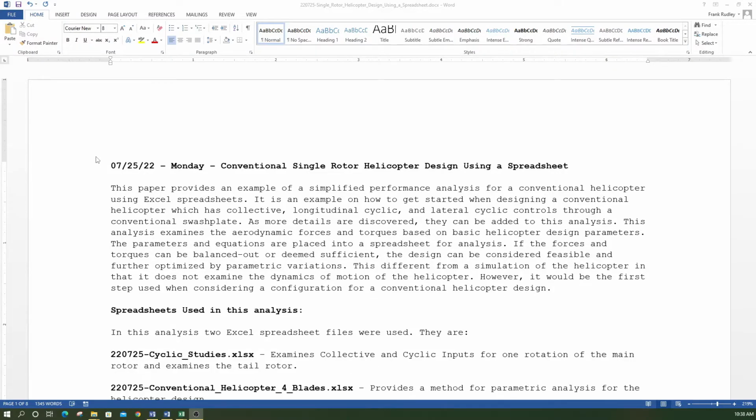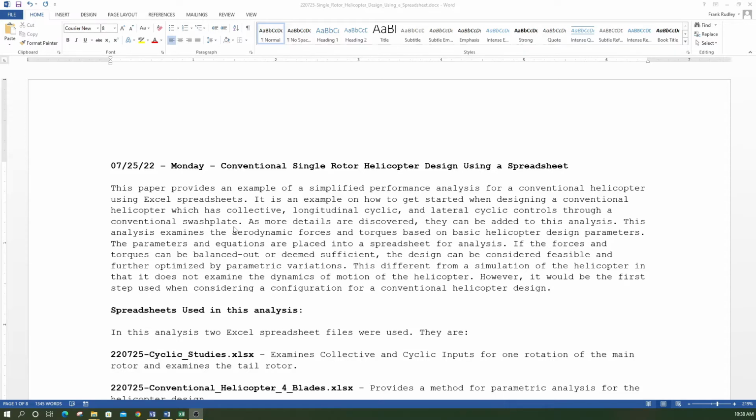Okay, so today we're going to talk about conventional single rotor helicopter design using a spreadsheet. So this paper provides an example of a simplified performance analysis for a conventional helicopter using Excel spreadsheets. It is an example on how to get started when designing a conventional helicopter which has collective, longitudinal cyclic, and lateral cyclic controls through a conventional swash plate.